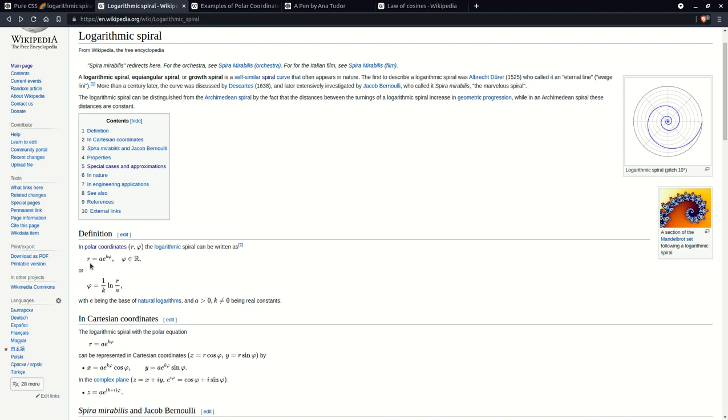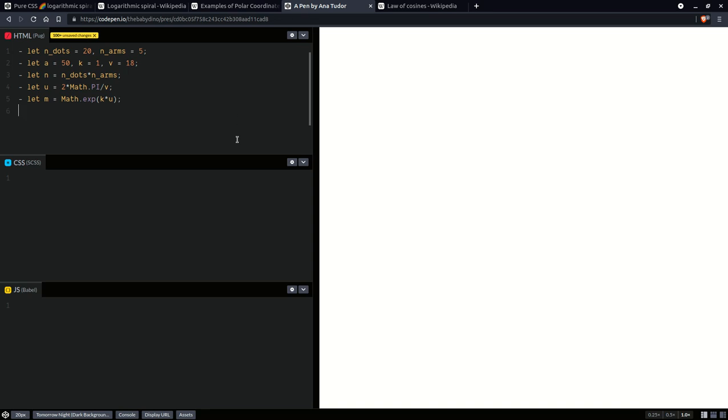So for the first dot, its radius is going to be a times e to the power k times 0 times the unit angle. For the second one, it's going to be a times e raised to the power k times 1 times the unit angle. So basically, let's just write it here.